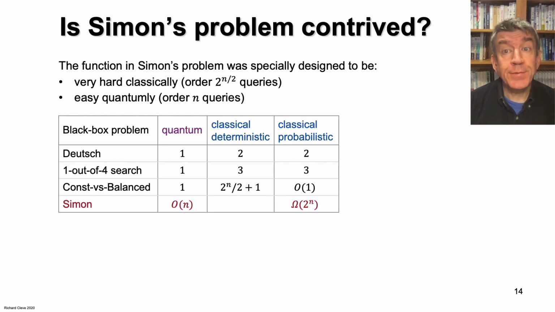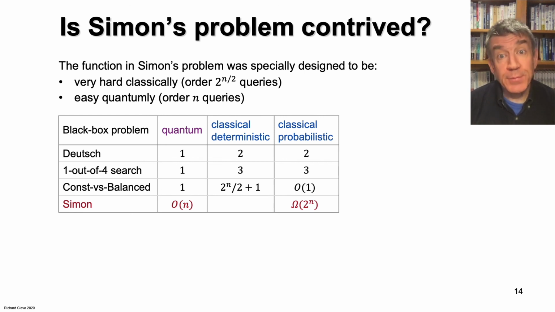When this work first came out, people were wondering what to make of it. Although it provided the strong query cost separation, it looked like a contrived problem. Moreover, a contrived black box problem, which is not really a conventional computing problem involving input data.